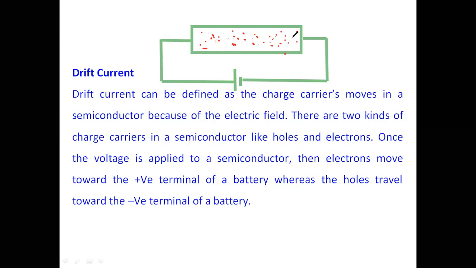So electrons are there inside the material, and now when I apply an electric field, what will happen? These electrons will move with a velocity called drift velocity, v equal to mobility into electric field applied. We have already seen this in our last class.